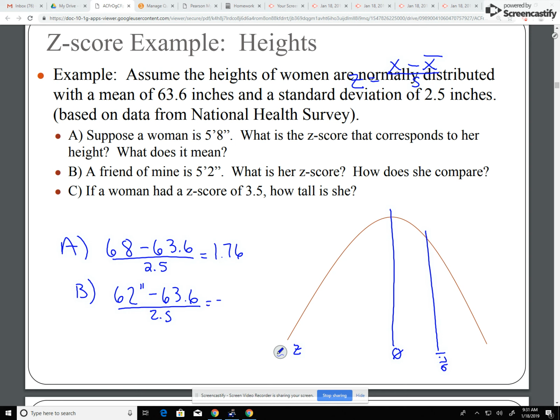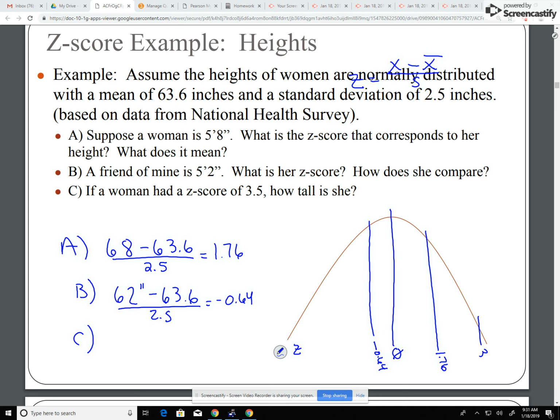Her z-score is negative 0.64. Her z-score is below the mean, negative because it's smaller than the mean. Still, pretty usual.